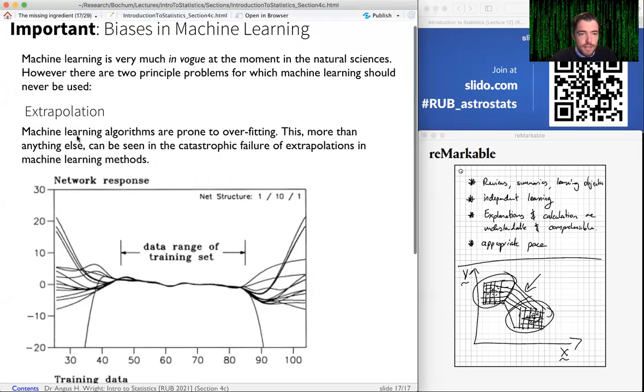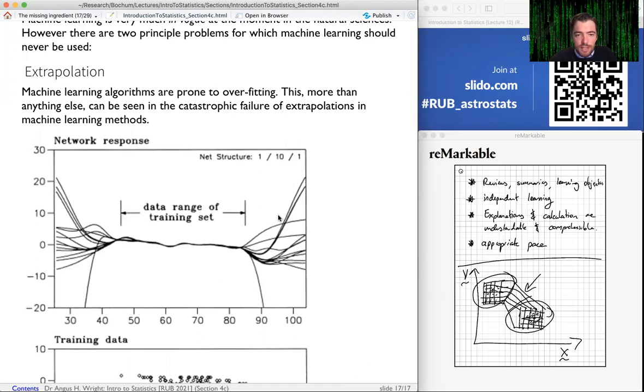The first point, extrapolation, is simply this: machines cannot extrapolate. And I use that very clearly. If anyone wants to have that debate with me, I'm more than happy to have it. But I don't think there is any argument that will convince me that you can construct a machine learning algorithm that will be able to extrapolate.